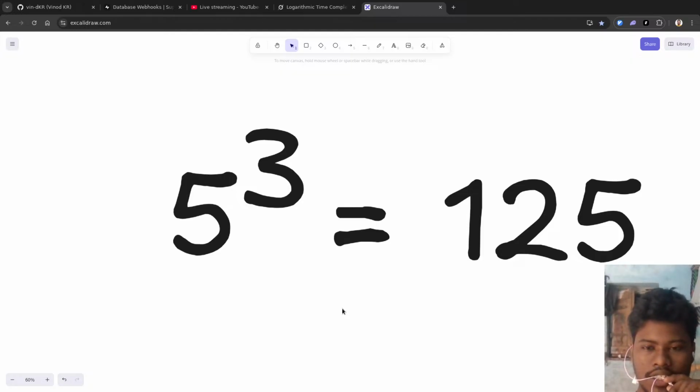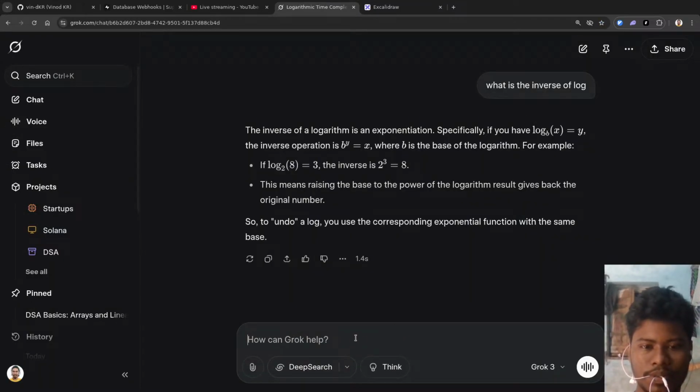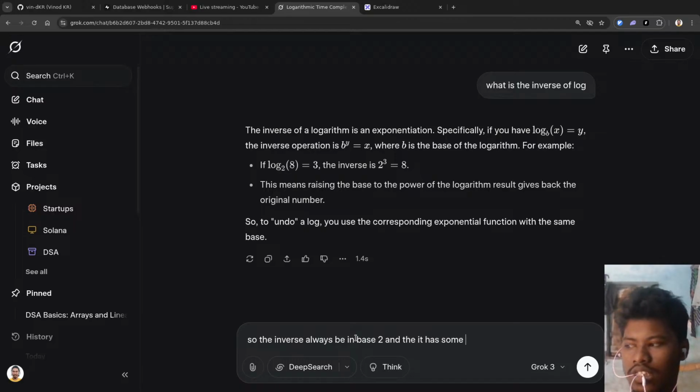No, that's not it. So the inverse is always in base 2 and then it has some power.